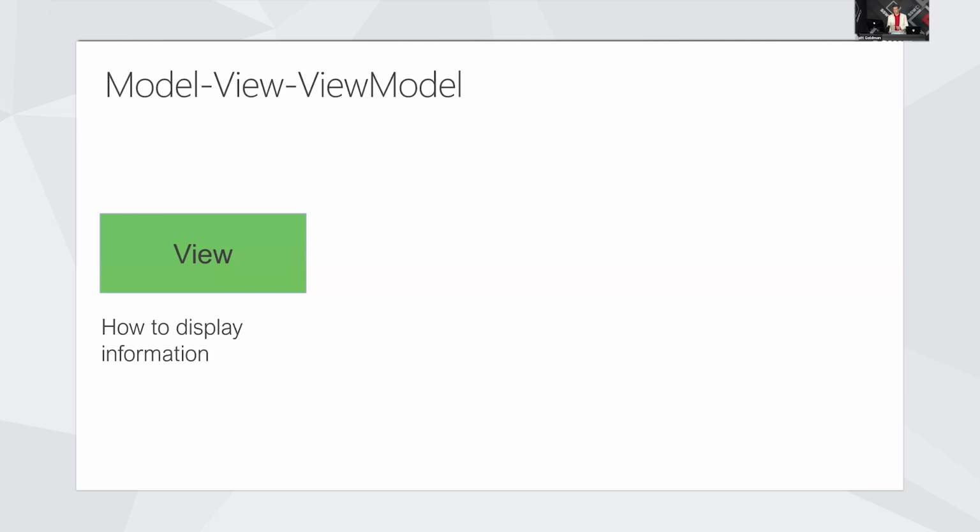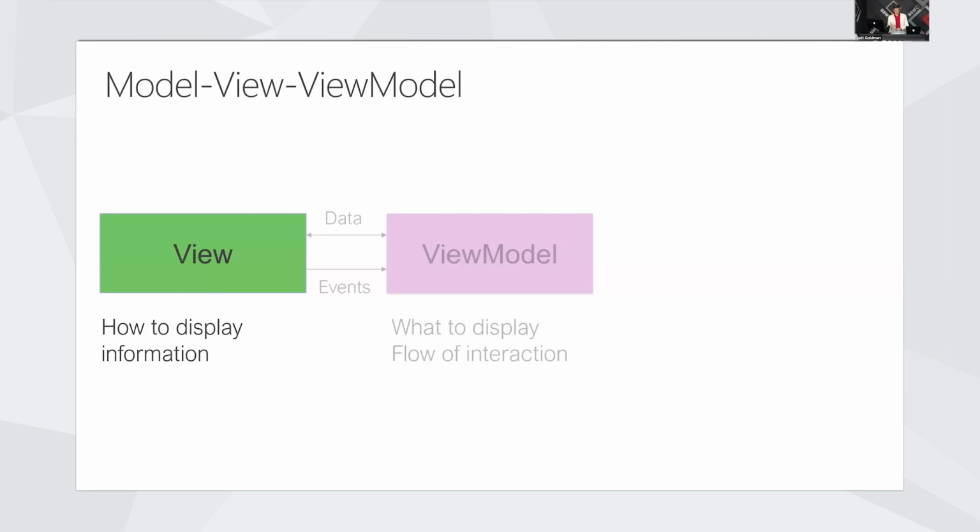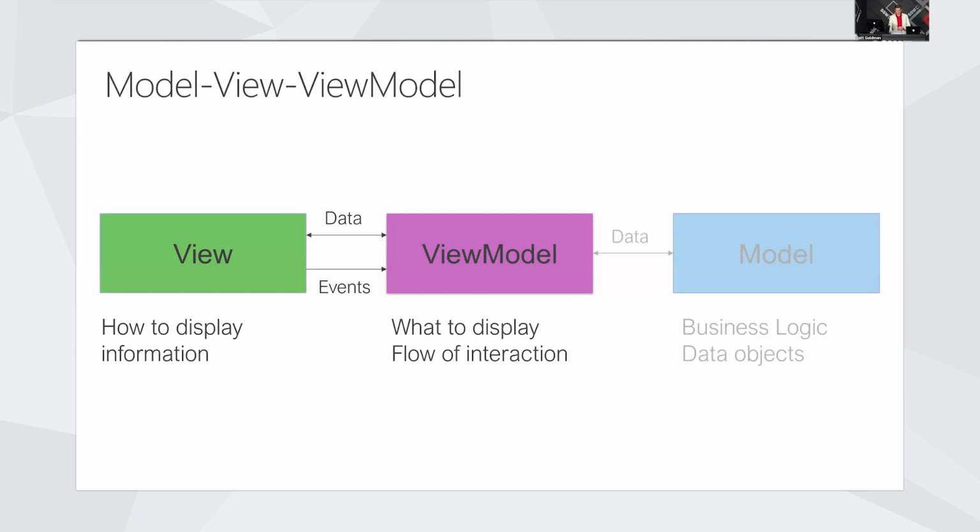The view, as we've covered, is how to display information. This is the user interface. What does the screen look like? We'll then have the view model. That controls what to display. It tells the view what to display. It provides the data. And underneath the covers a little bit further, we've then got the model.